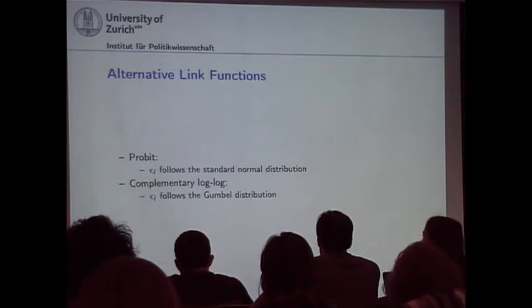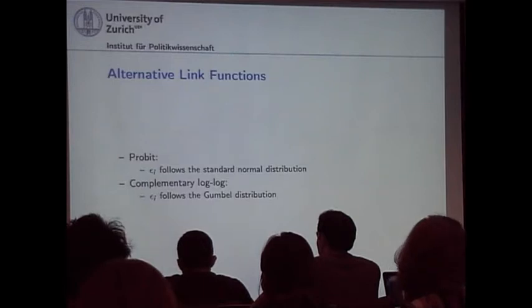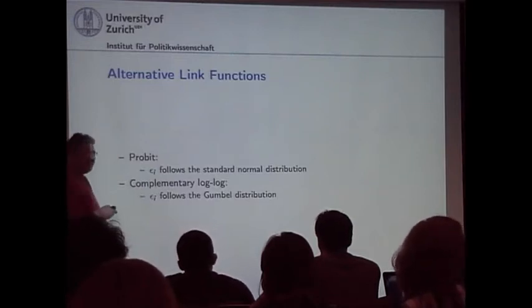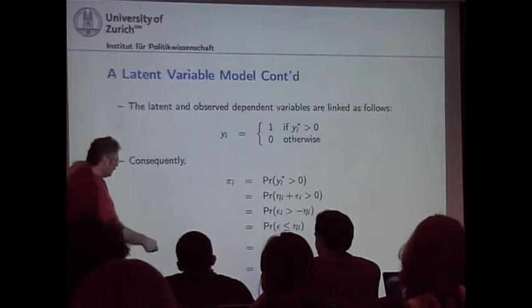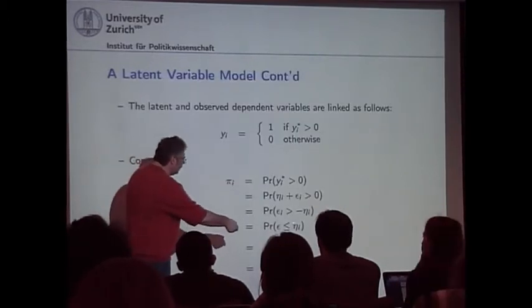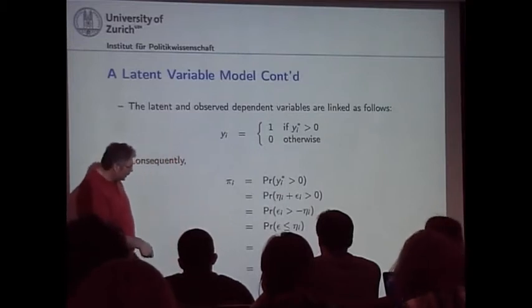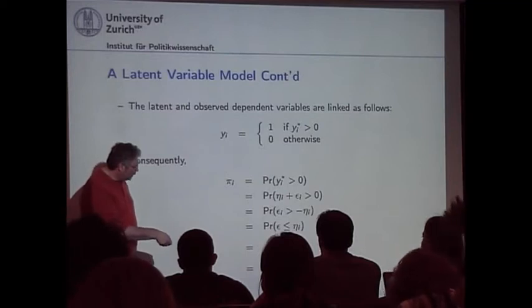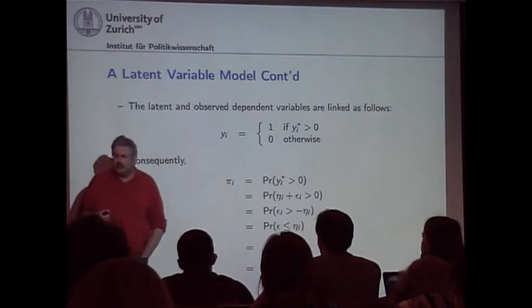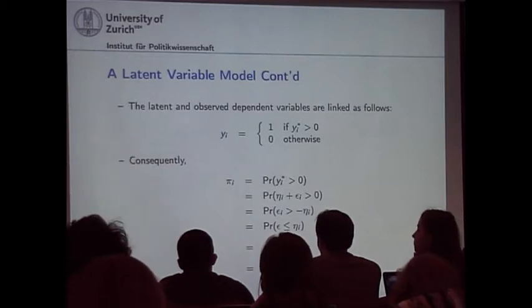Just as an aside, probit is actually the older model, but it was not a particularly helpful model because until relatively recently, it was very difficult to evaluate this probability with a standard normal distribution, because unlike the Logit model, where we use the logistic distribution, it has a nice closed form for the distribution function.